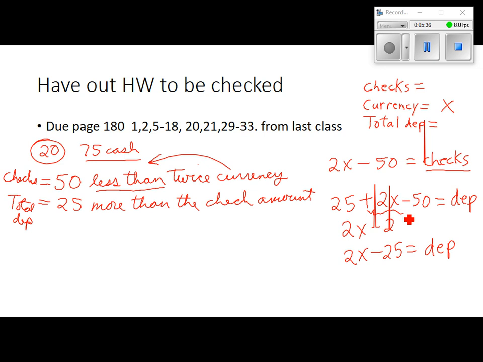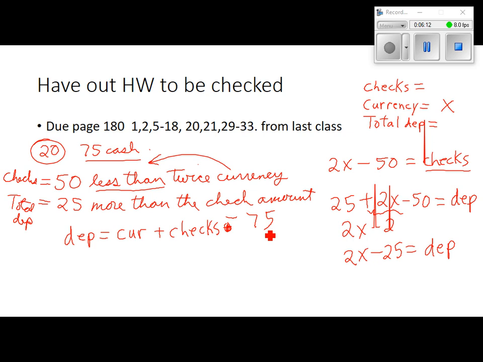But what can we do with that? What should the deposit be? Let's do this. Deposit should be the currency plus the checks. Not plus, sorry, it should be minus 75, right?